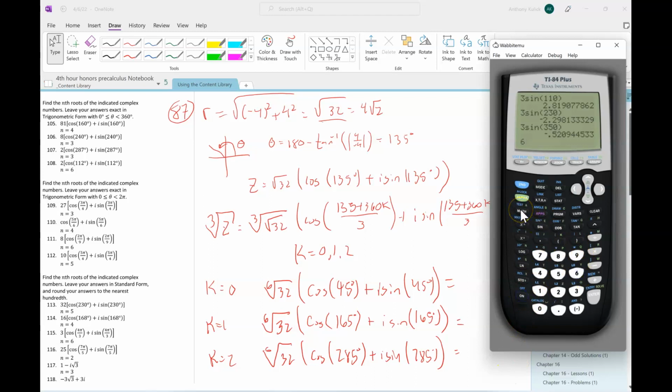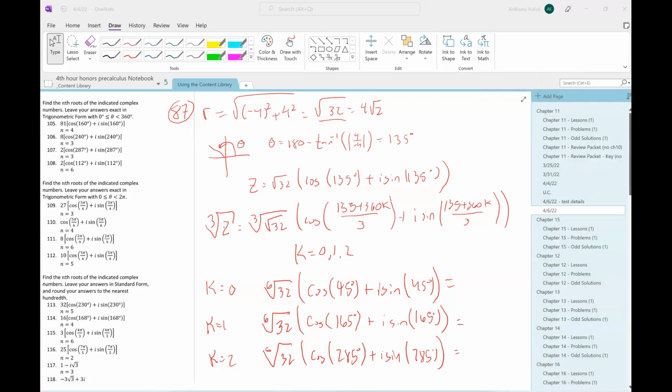So I'll do the 6th root. I'll press 6 and the math button and then grab option 5. That'll make a 6th root, 32, times cosine 45. Just double check that I'm in degrees. I am, okay. And then I do the same thing for 165, and do the same thing for 285.